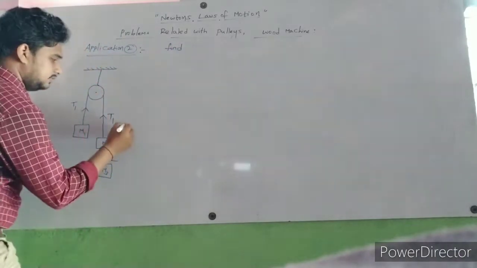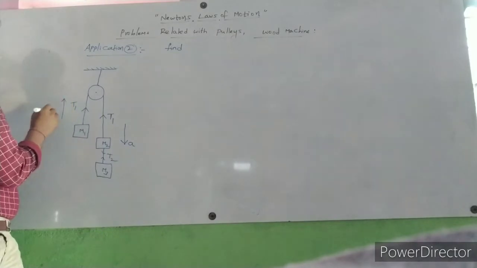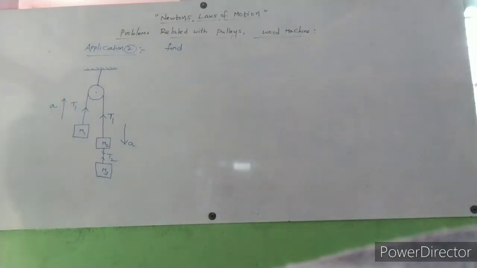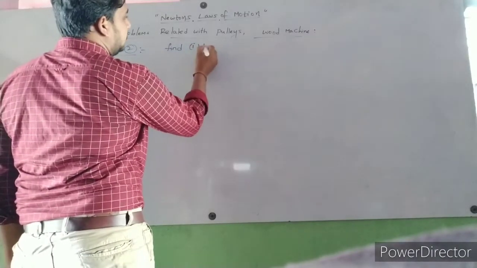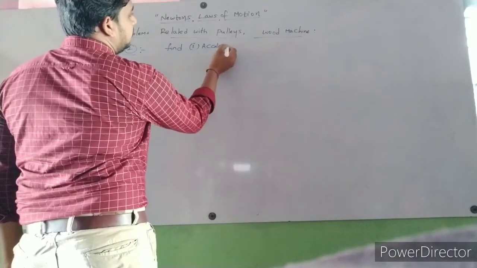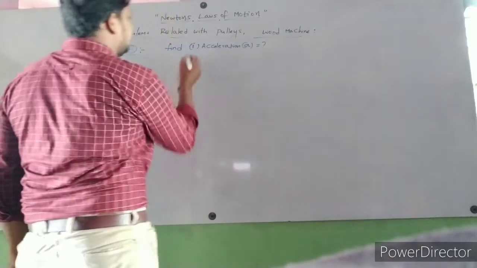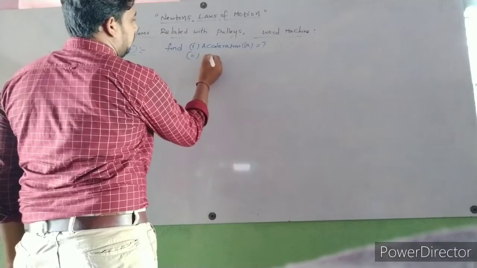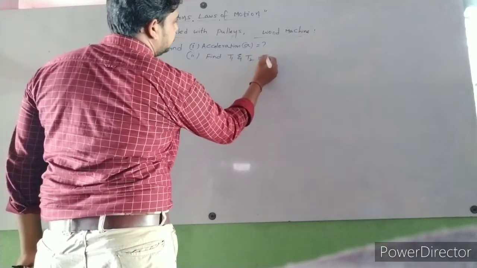Here the acceleration. On this side the acceleration is downward, on this side the acceleration is upward. First, find the acceleration A. Second, find T1 and T2.